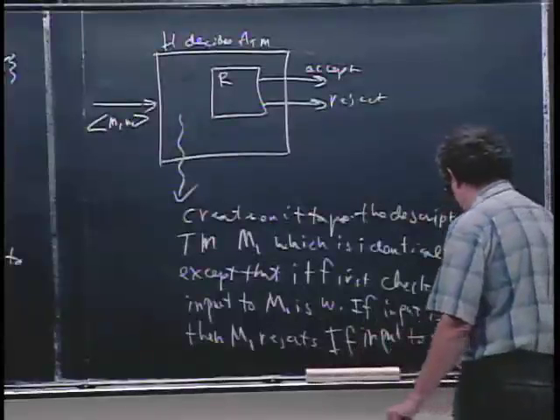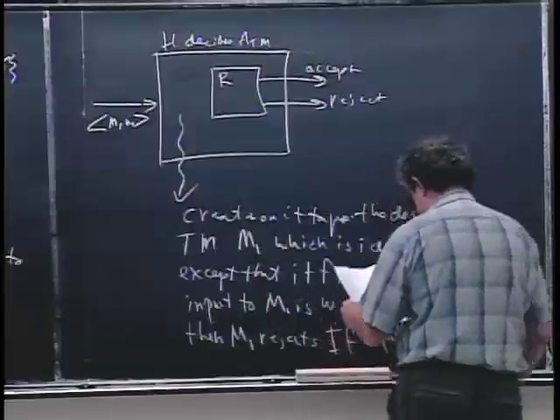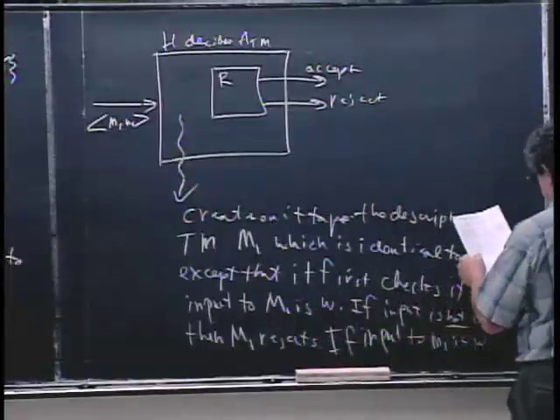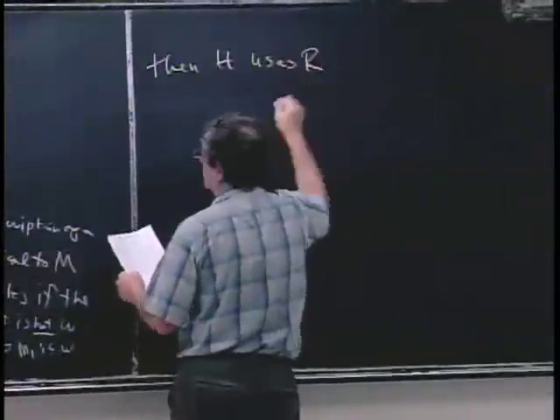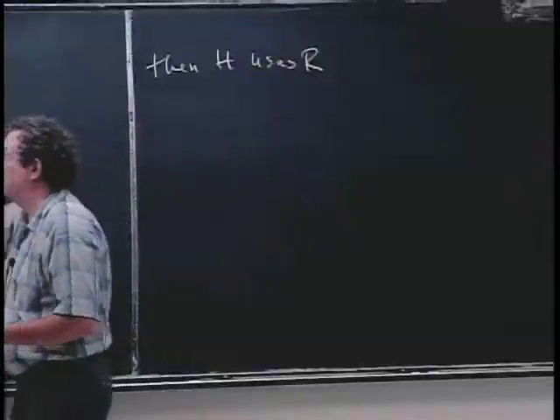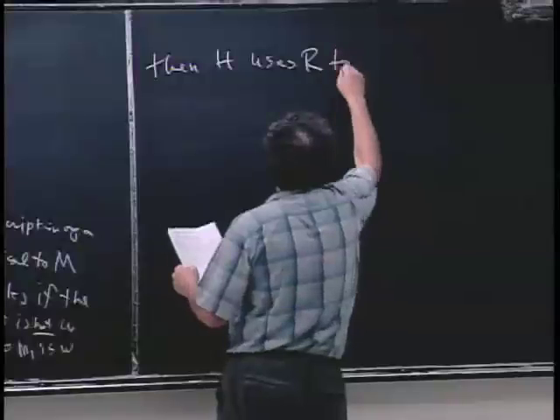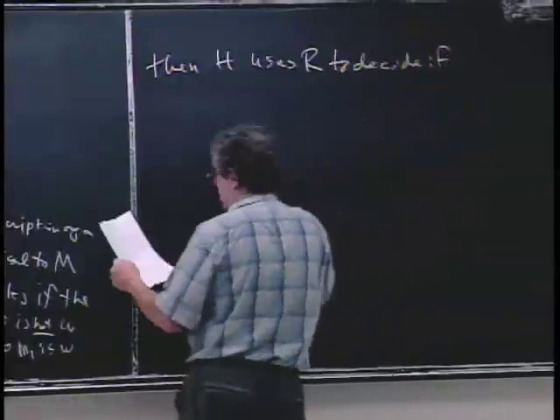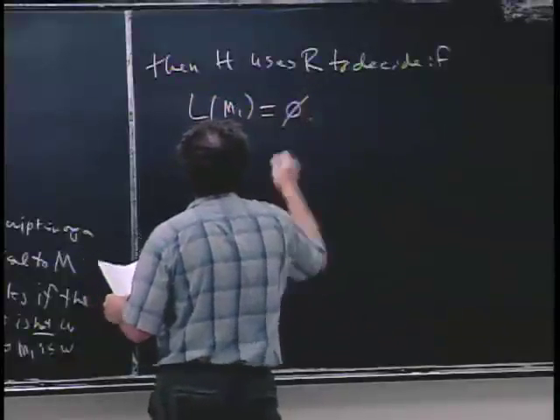But if the input to M1 is W, then H uses R. We haven't used this guy yet. It uses R to decide if L of M1 is empty.